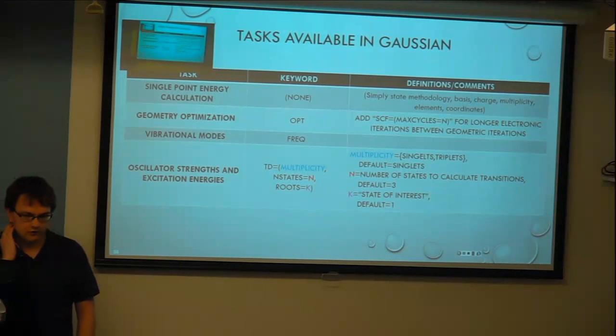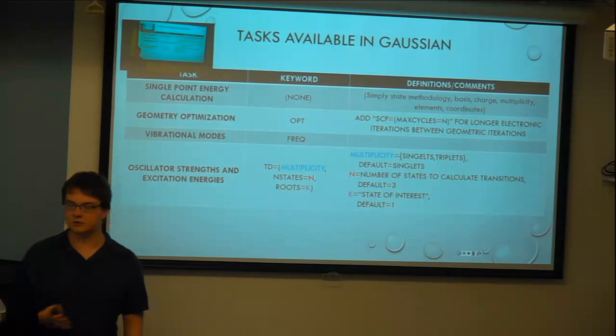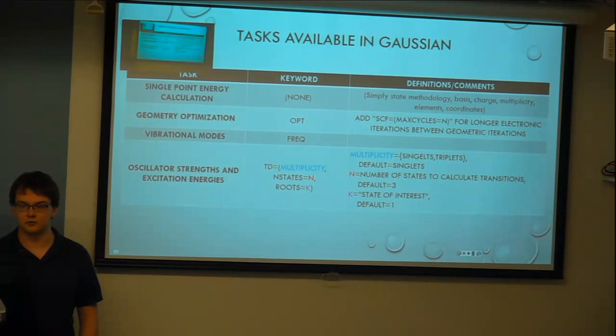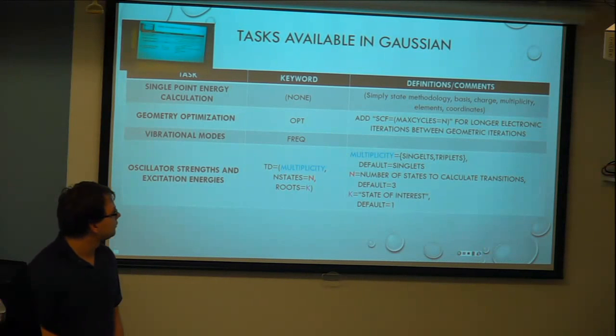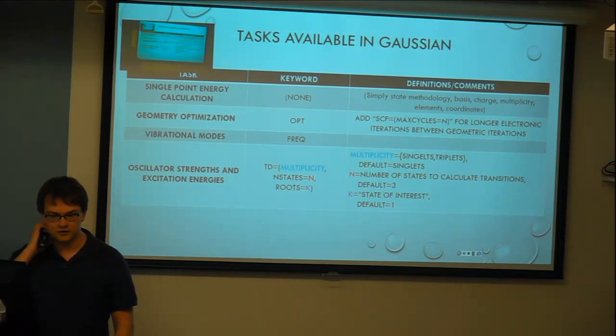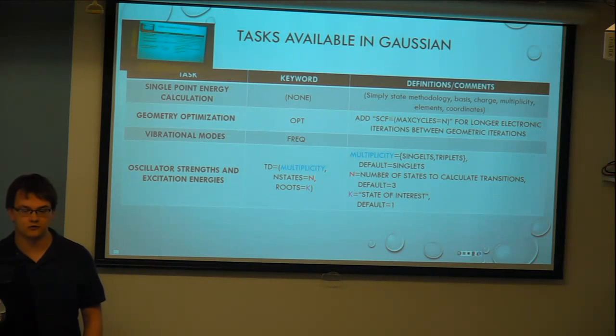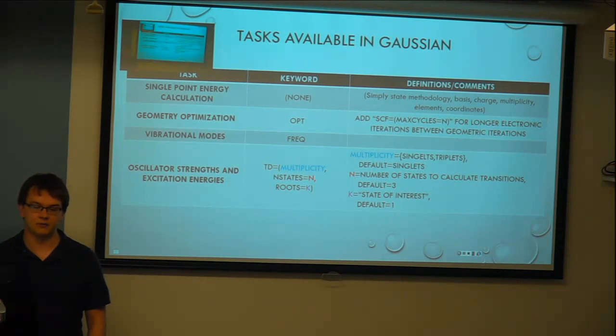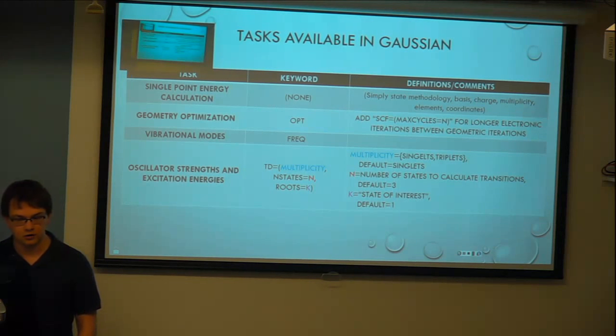So to do a single point calculation, there's no keyword specifically, you just need the basic things: methodology, your basis, charge, elements, multiplicity, coordinates. Then to do optimization, so to optimize the energy and then also optimize the geometry afterward, you just need opt.